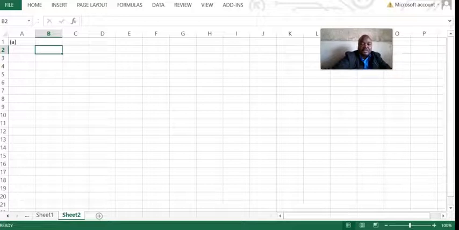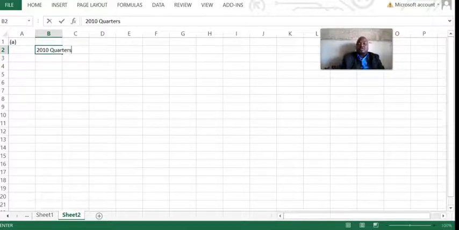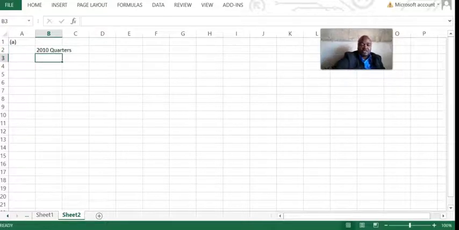So that is 2010 and quarters. We have got quarter 1, quarter 2, quarter 3, quarter 4.